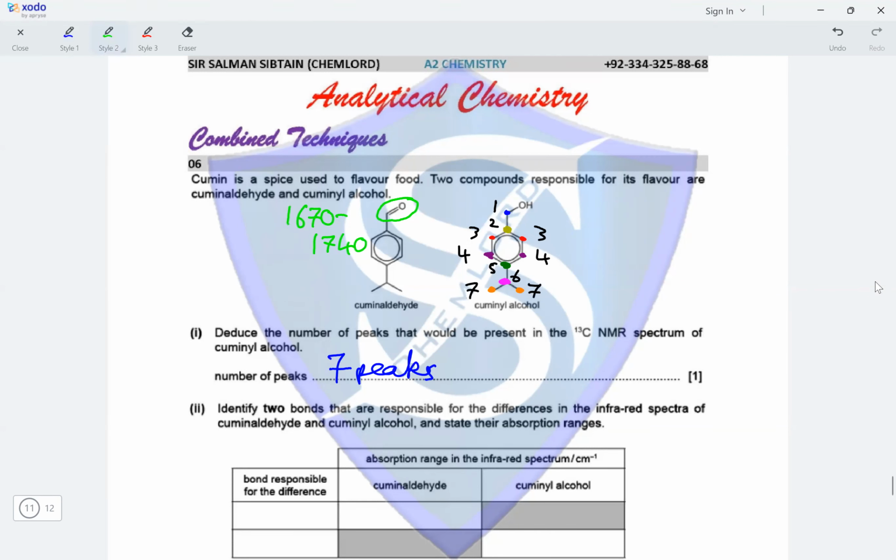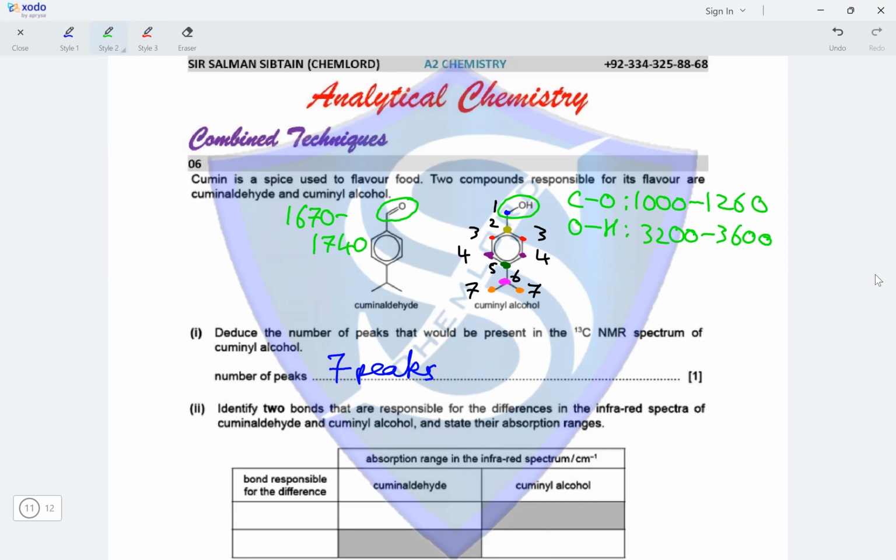And we would have a peak for cuminyl alcohol with the OH group or the C-O group. So for C-O, the range would be 1000 to 1260 wavenumbers, and for the alcohol OH group, the range would be 3200 to 3600 wavenumbers.